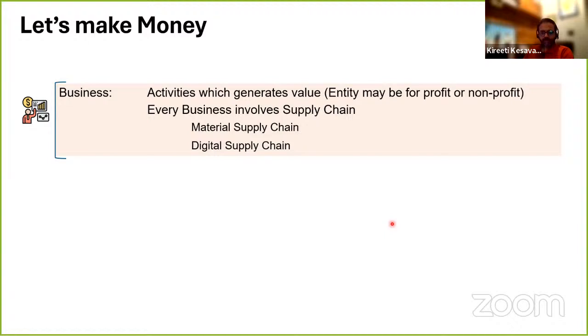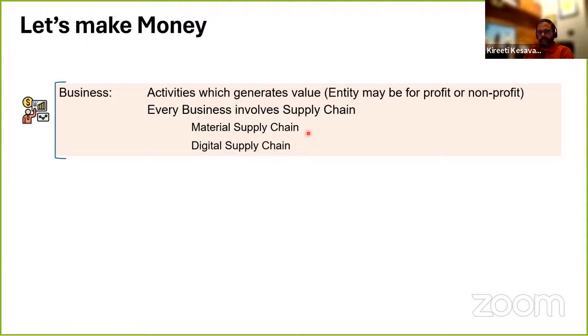Whether the entities are for profit or non-profit, all they need is to generate some value by applying technology.